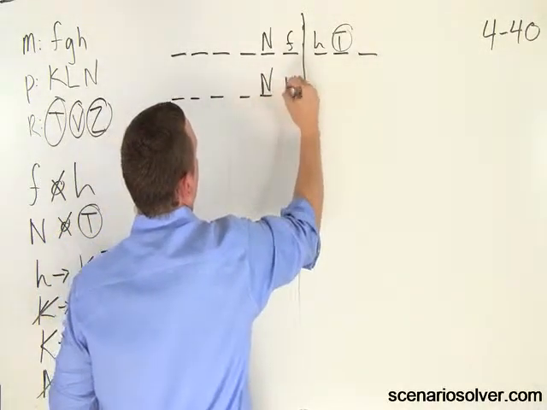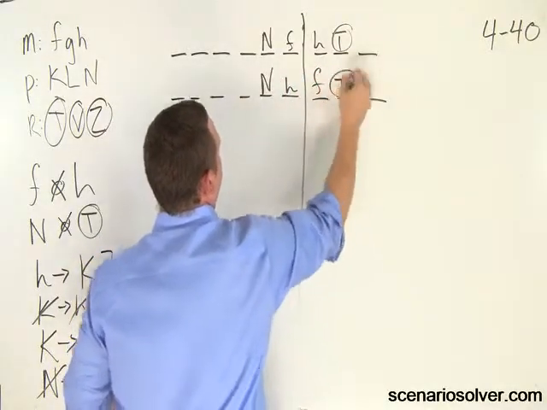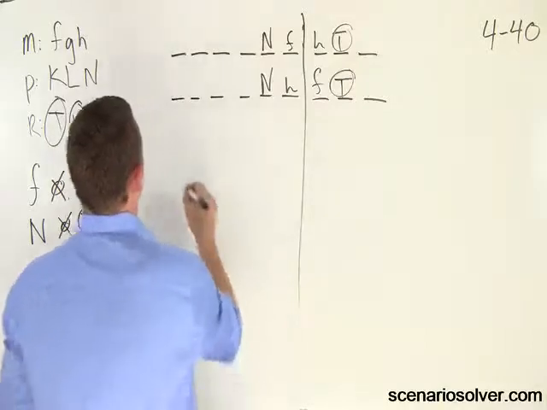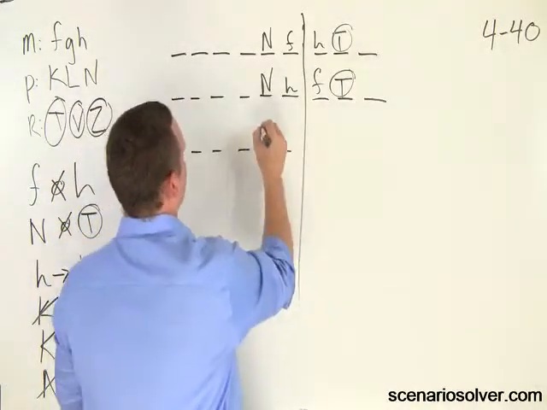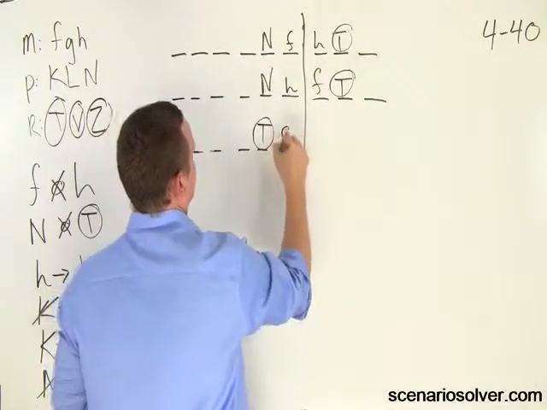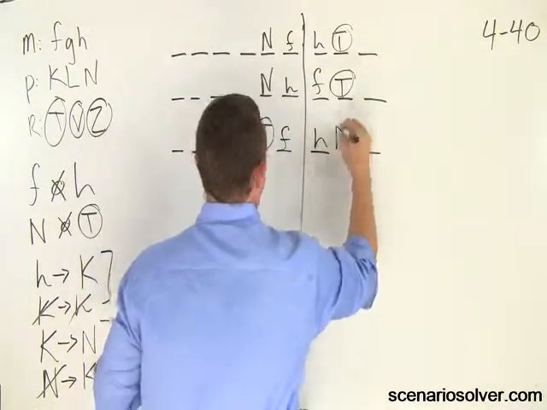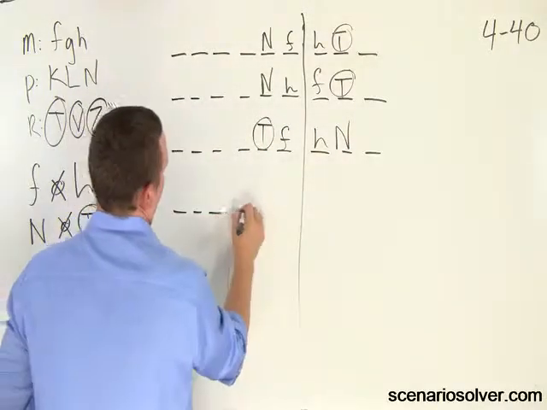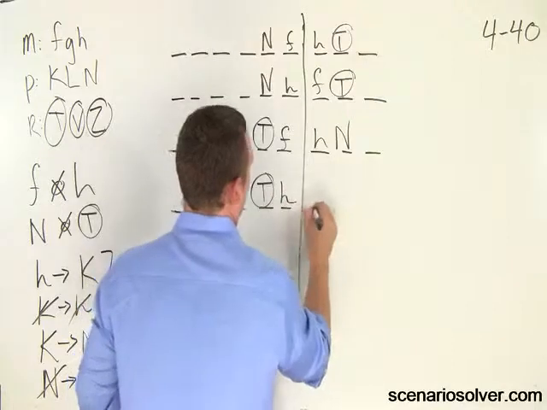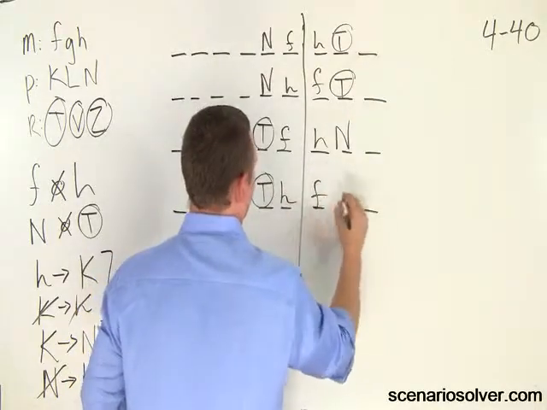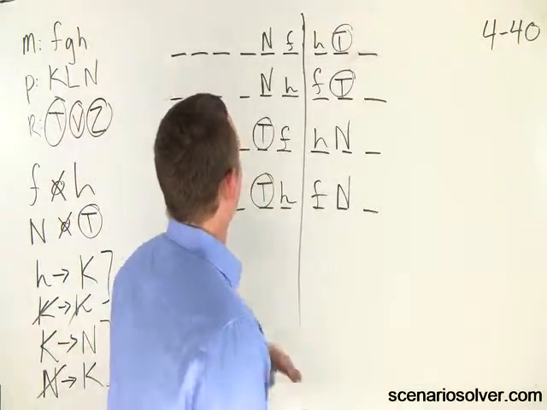N and H and F, T. It could go like that. Now let's bring the T over here. Okay, with all of our exclusion rules, that's all that could happen.